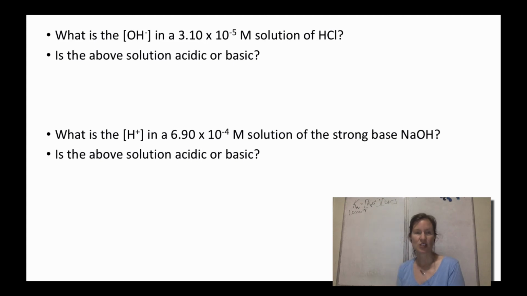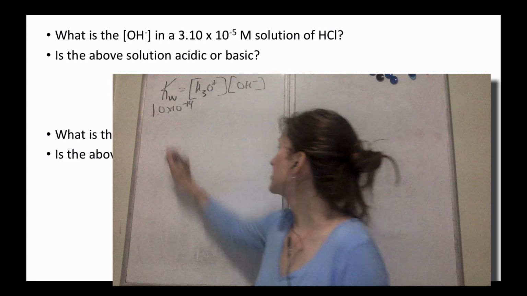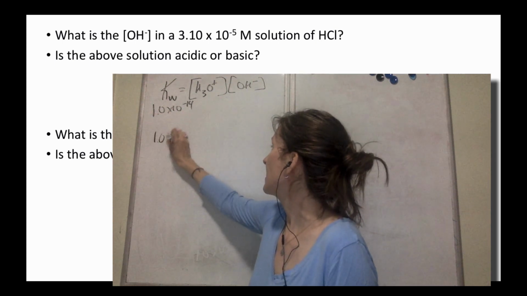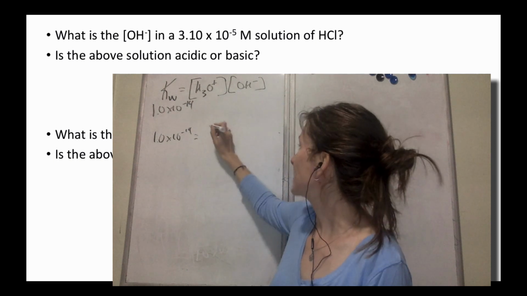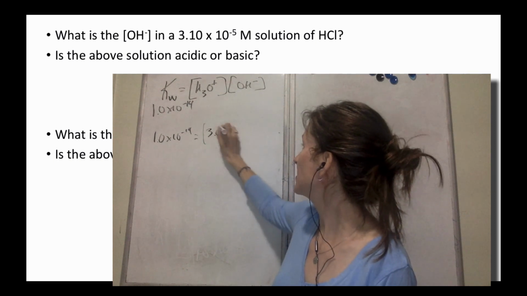If that concentration of HCl had been 10 to the negative 10, for example, then it would have to be a basic solution, because 10 to the negative 10 is smaller than negative 7. So in order to solve these, we would just plug in what we know and rearrange. Kw is 1 times 10 to the negative 14. I'm giving you the concentration of acid, which means that's this part.